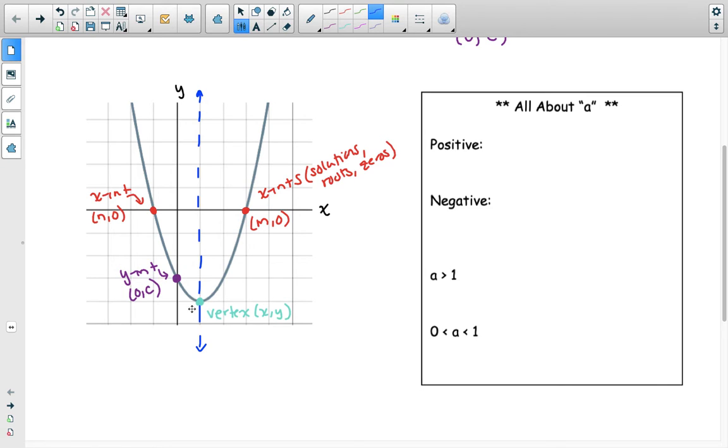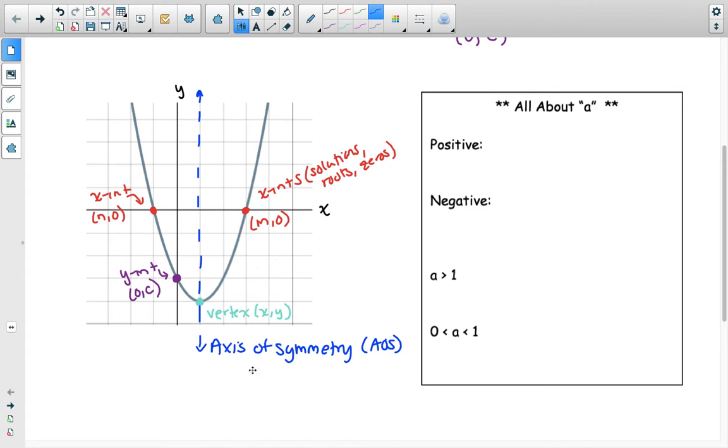It is a vertical line, so it's the x value. It's an x equals. This is the axis of symmetry. This is where you would actually fold along the graph so that the left side will fit perfectly on the right side. We can also call this the AOS because it's just axis of symmetry.